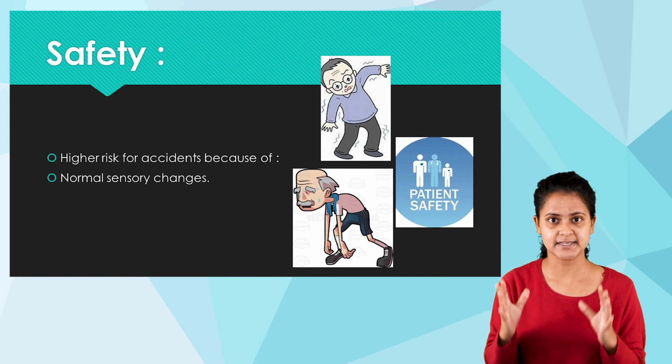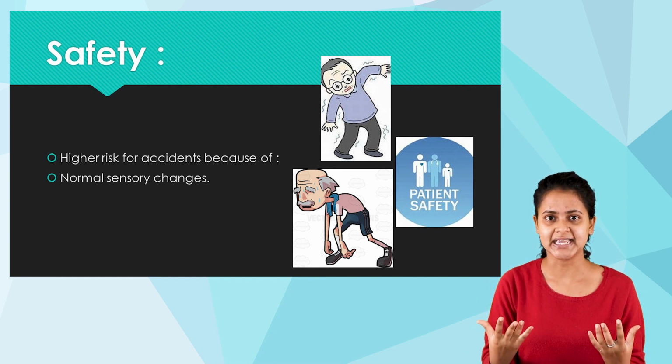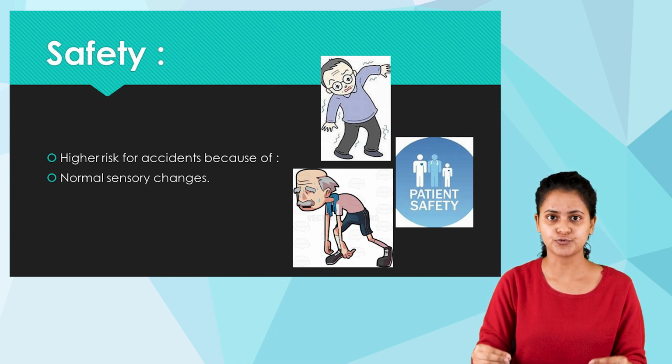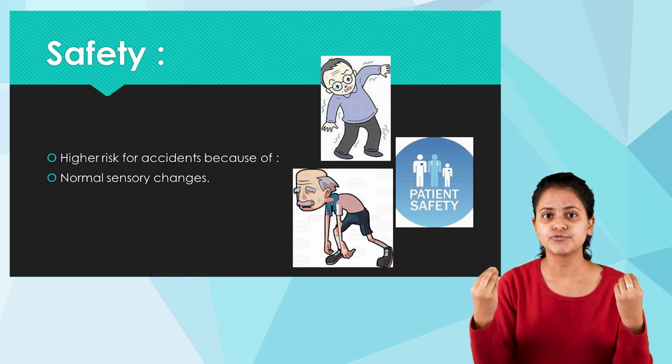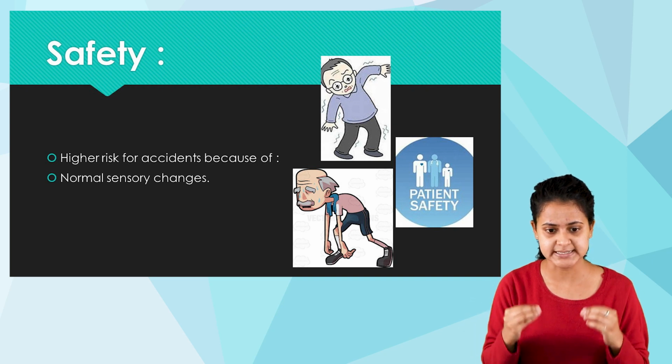One more important concern when handling a patient in the geriatric age group is safety, or we can say they are more prone to getting a psychological or physical accident or incident.